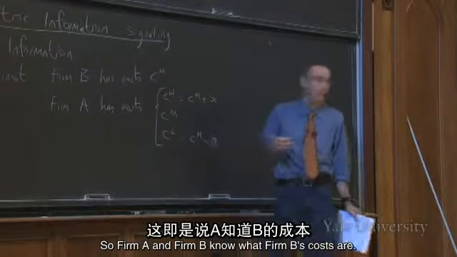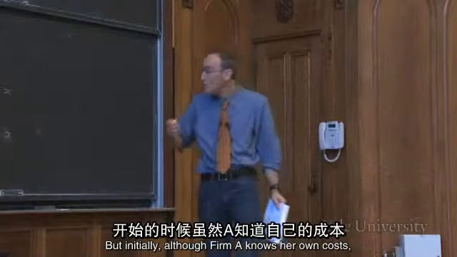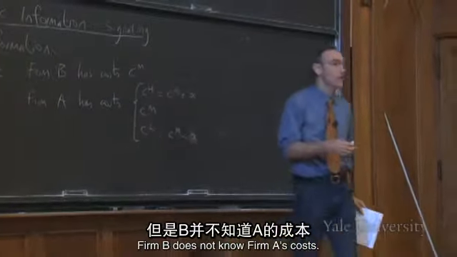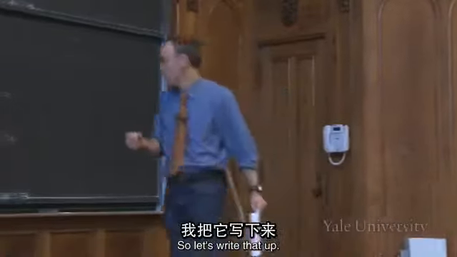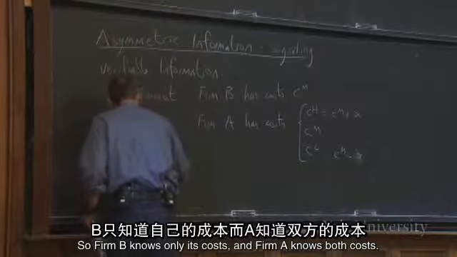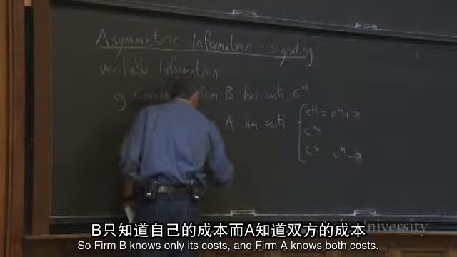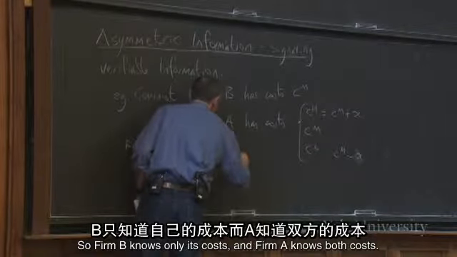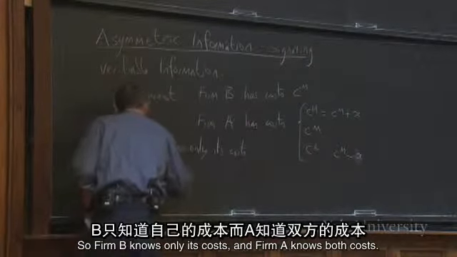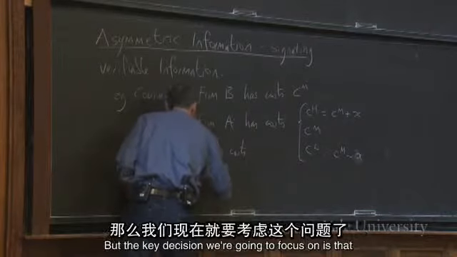So firm A and firm B know what firm B's costs are. But although firm A knows her own costs, firm B does not know firm A's costs. Let's write that up. So firm B knows only its costs, and firm A knows both costs.